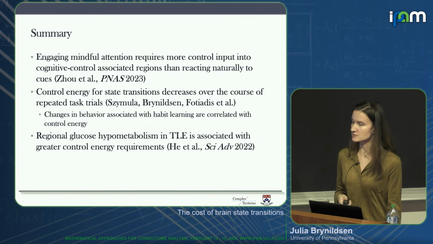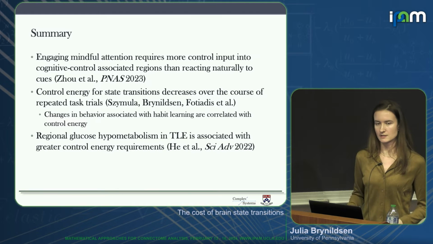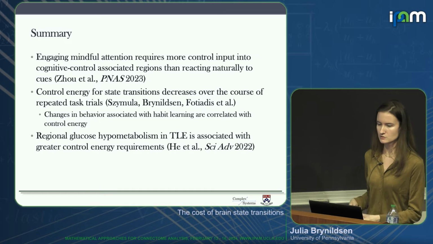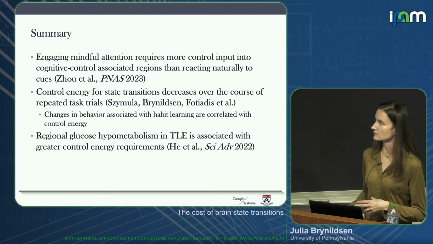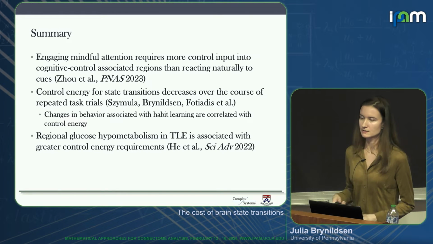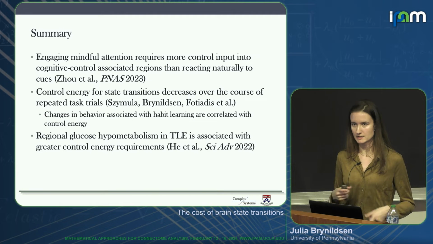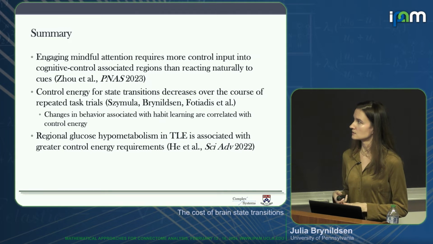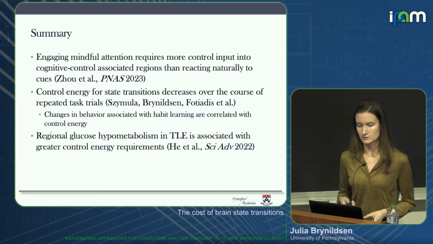Okay, so just to briefly summarize so far, we've seen evidence that engaging mindful attention, which is a cognitively effortful state, requires more control input into cognitive control associated regions than reacting naturally to cues. We've seen that control energy for transitions decreases over the course of repeated task trials in a habit learning task, and that changes in behavior associated with habit learning are correlated with control energy.